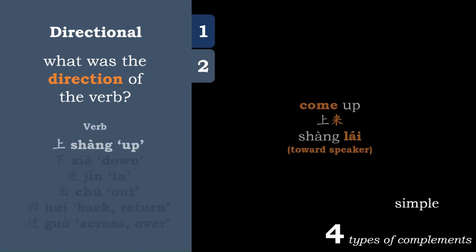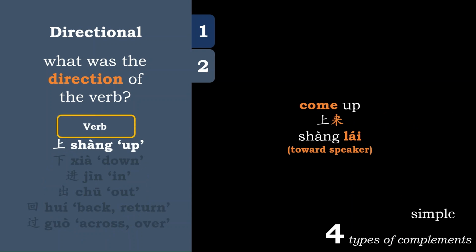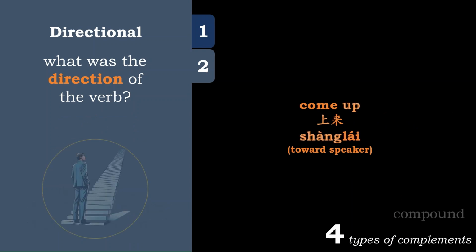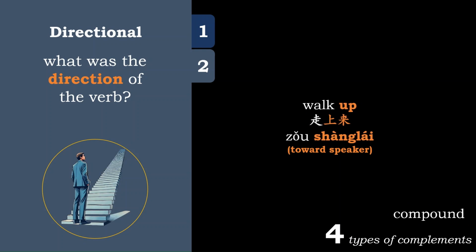Well, let's go back to this simple directional complement where 上 is acting as the verb and 来 is the simple directional complement. But if we push these two together to form a compound directional complement, then this newly formed compound directional complement can be used to add even more additional information to motion verbs such as 走.